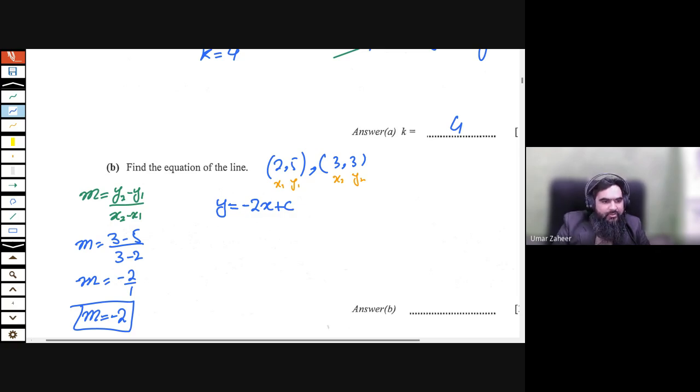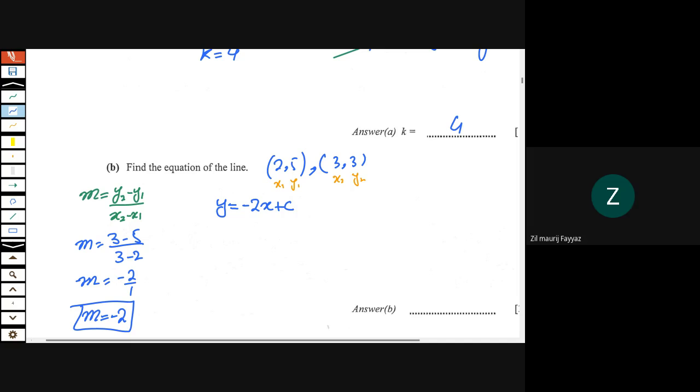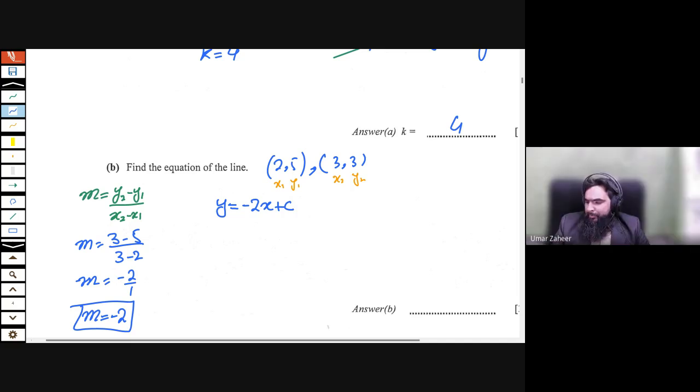Yes, everyone, any question till here? No, sir. Now we need to find the y-intercept, so you have to utilize any point. You can choose (2, 5) or (3, 3). So let's substitute (2, 5).